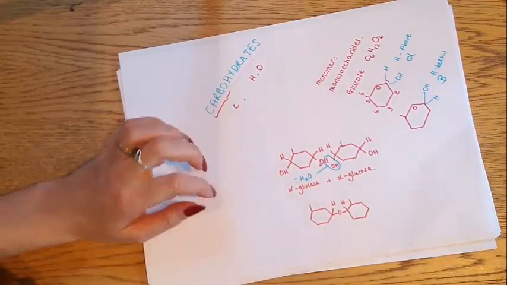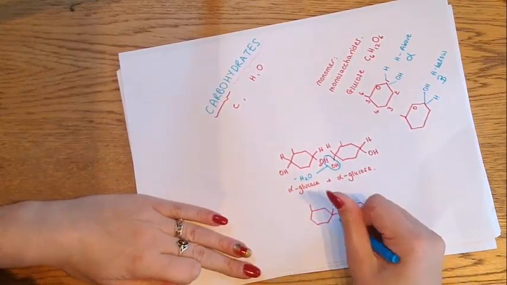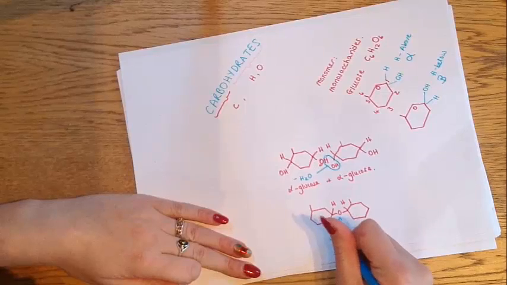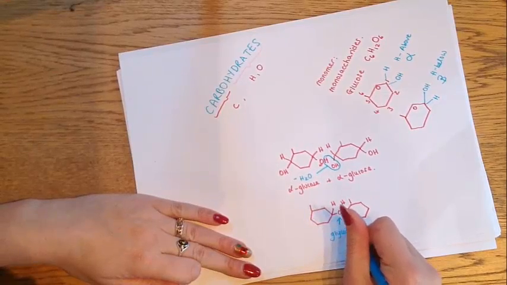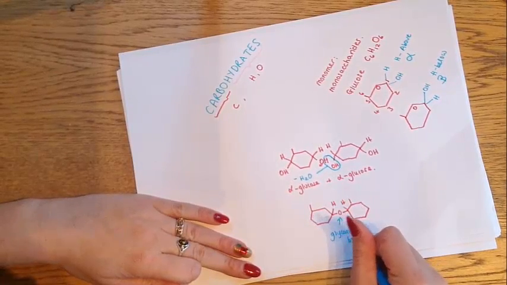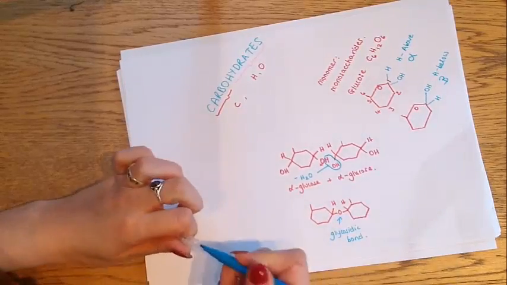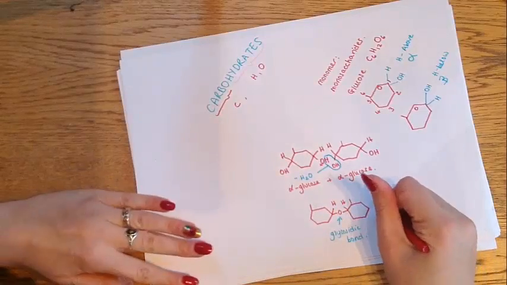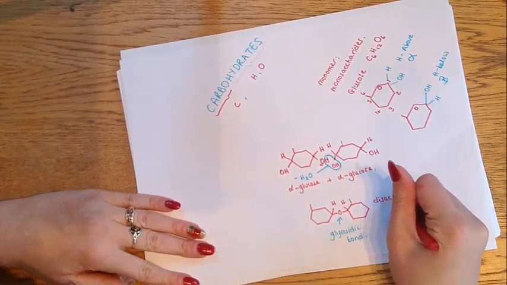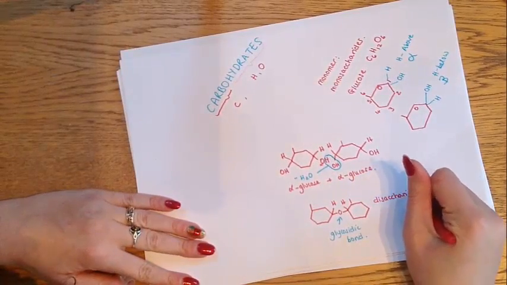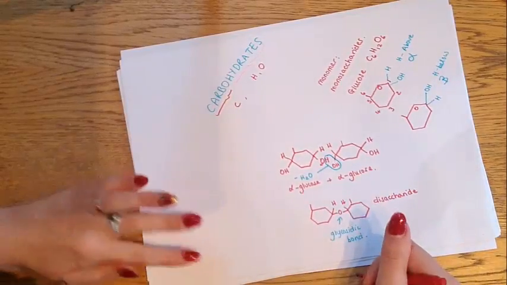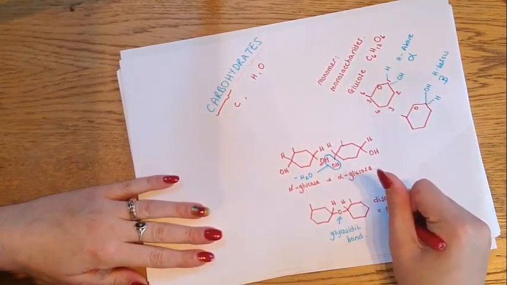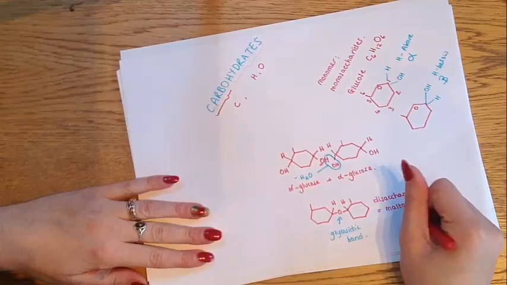That is characteristic of a bond in carbohydrates, and the name of the bond is a glycosidic bond. We've also made a large molecule, a disaccharide, which is two sugar units together, and because we've put two alpha glucose together, we've made maltose.